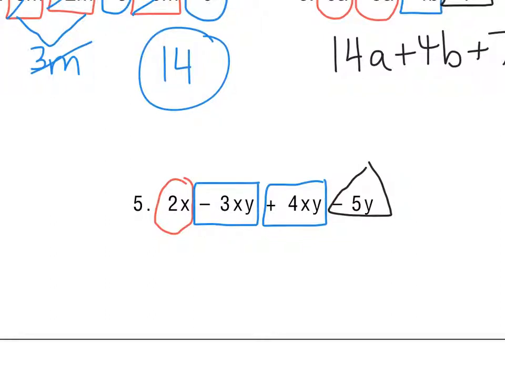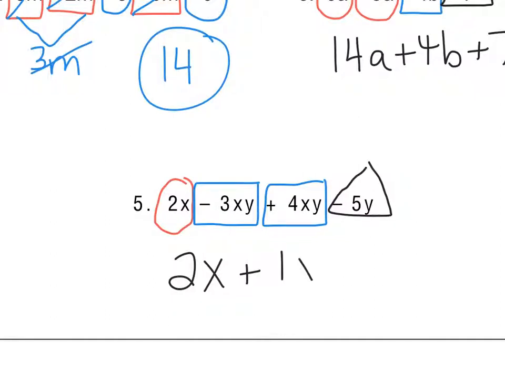So now we start combining. 2x is by itself. We have a negative 3xy and a positive 4xy. When we have a negative and a positive, we subtract, keep the sign of the bigger one. So 4 minus 3, the 4 is positive, so plus 1xy. Now, do we write the 1?